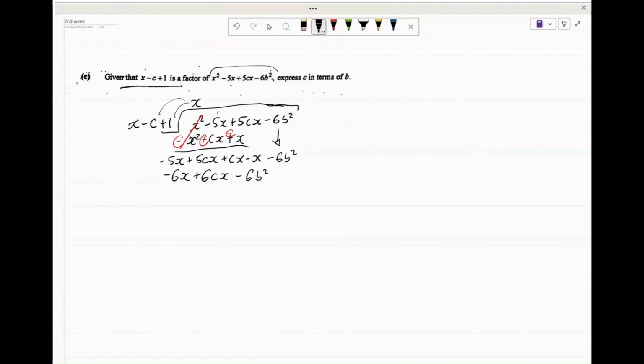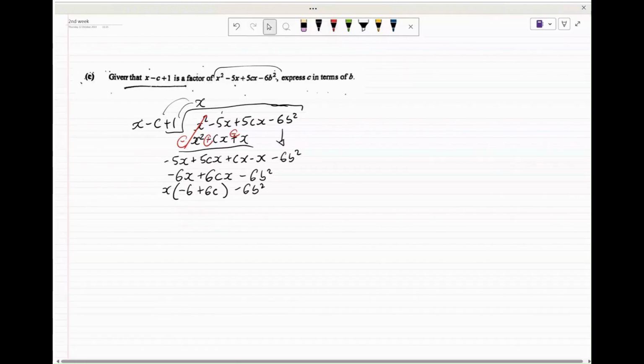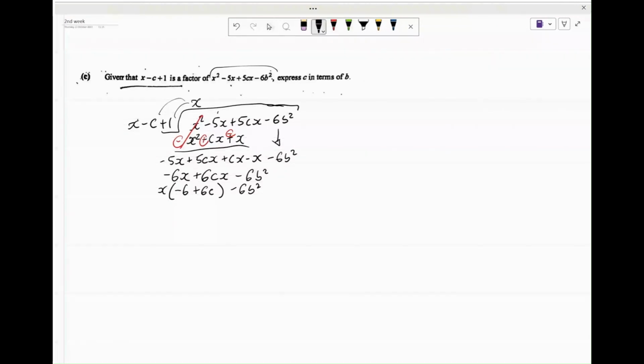So like I said before, you can actually take out your x, that's what I would call it, or just do like a reverse expansion. So x times minus 6 plus 6c would give you the same answer as this up here. And then minus 6b squared as well. And so basically we just go back to our rules again. The first term times the first term.